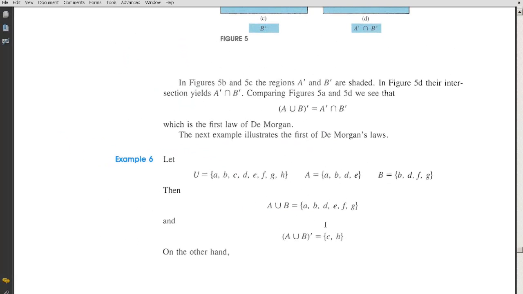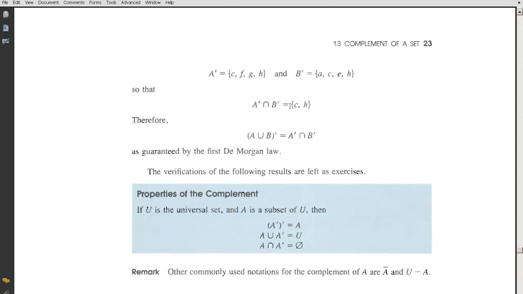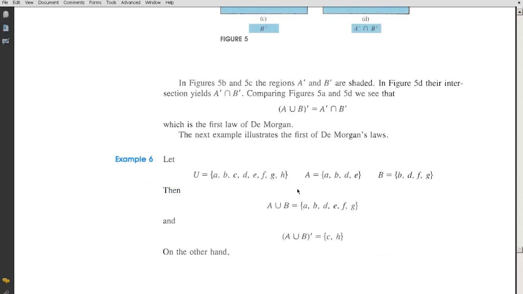And then they give an example. Here's A union B prime. That's one of the parts of one of DeMorgan's laws, and supposedly that's equal to, I think, A prime intersect B prime, and it turns out you get the same thing. So they check with a specific U, a specific A, and a specific B, and show that DeMorgan's law is true.